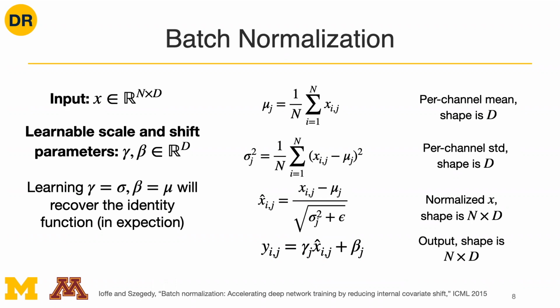You're not constraining them to be absolutely zero mean and unit variance. You're giving them a little bit of wiggle room that you can learn over the training phase. So you're introducing two different learning parameters, gamma and beta. The thing to note is that that actually makes it a linear function again, right?